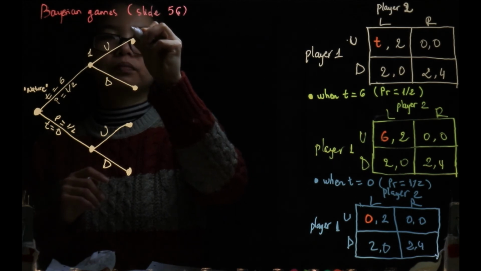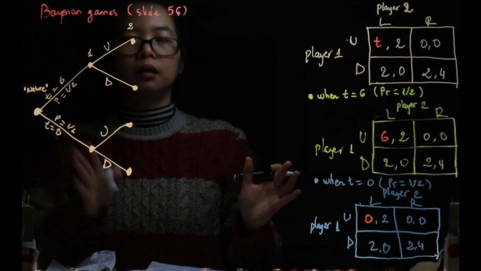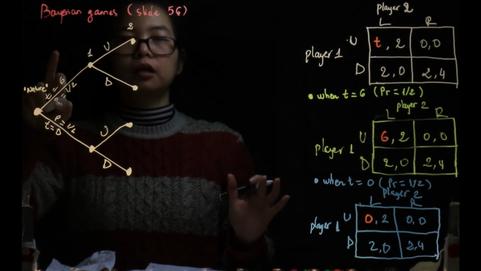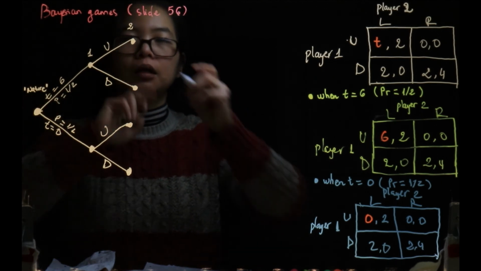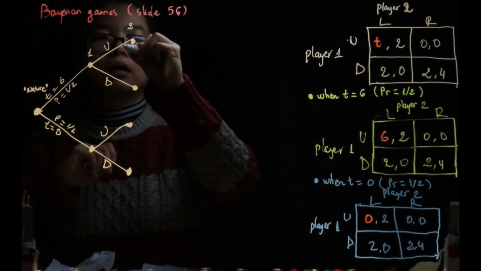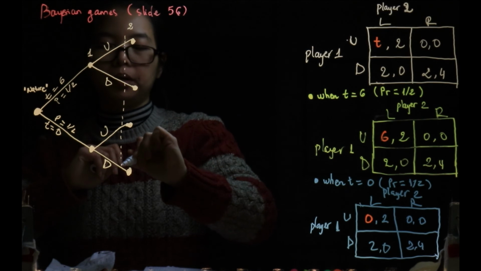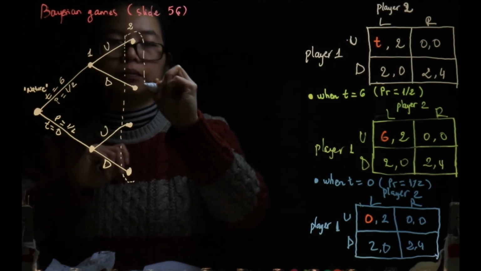However, remember that this game is simultaneous. So player 1 can play contingently or conditionally on the play of nature, but player 2 cannot, because he doesn't observe that.